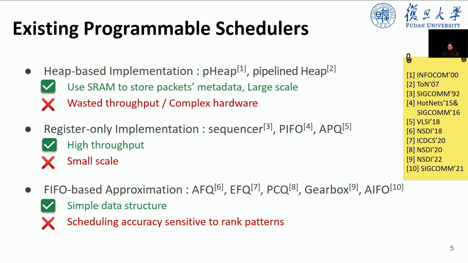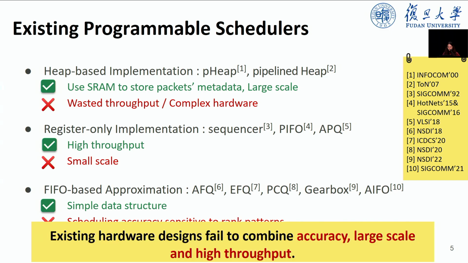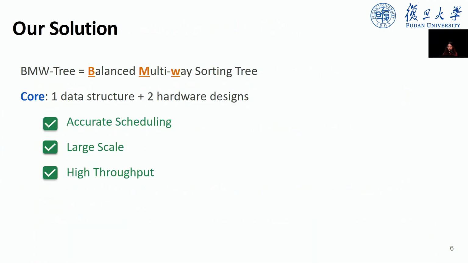Register-only implementation has a high throughput, but suffers from small scale, supporting no more than 1,000 flows. FIFO-based approximation uses FIFOs to implement the PIFO, which sacrifices accuracy in exchange for large scale and high throughput. None of them combine accuracy, large scale, and high throughput.